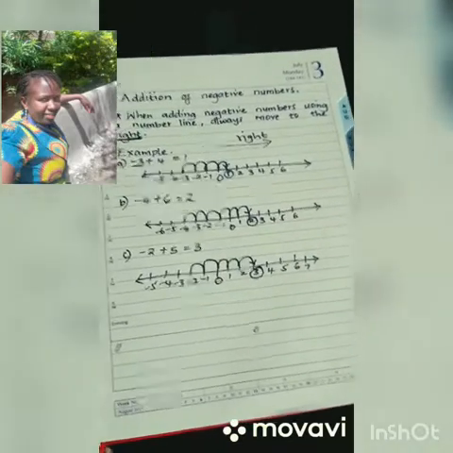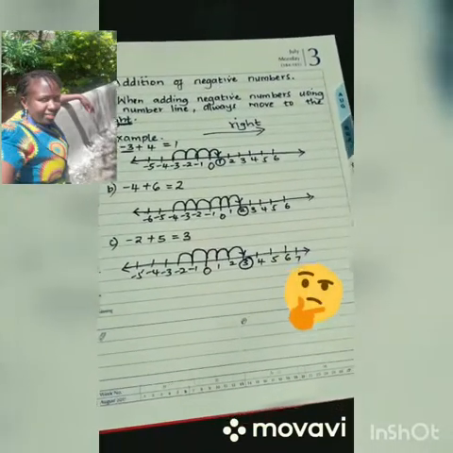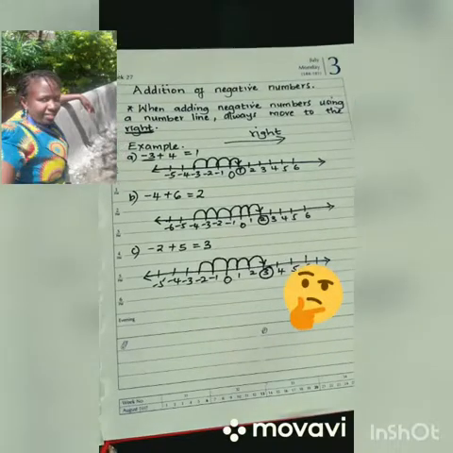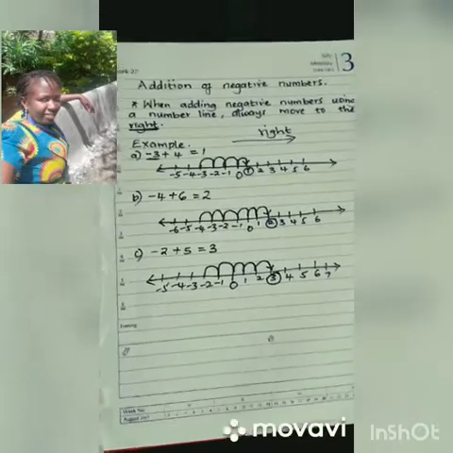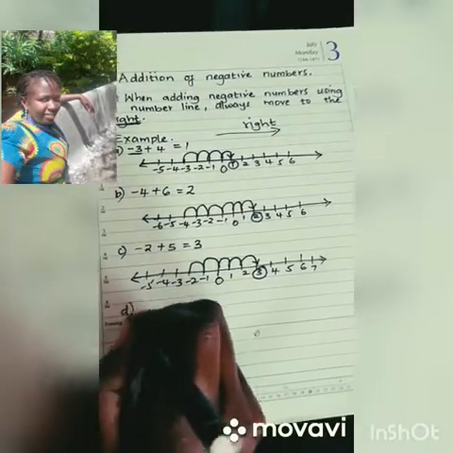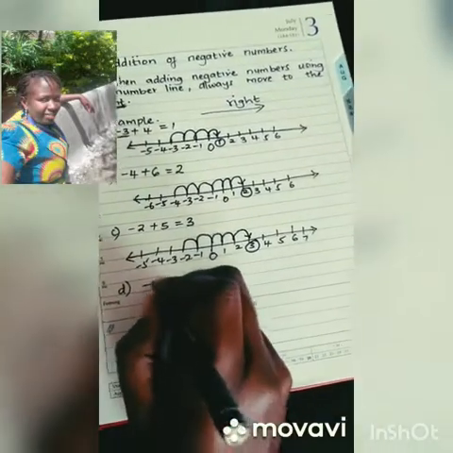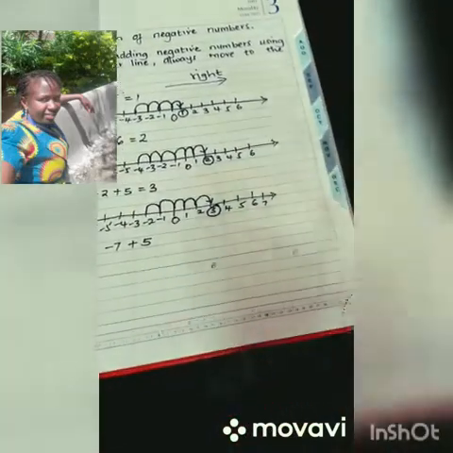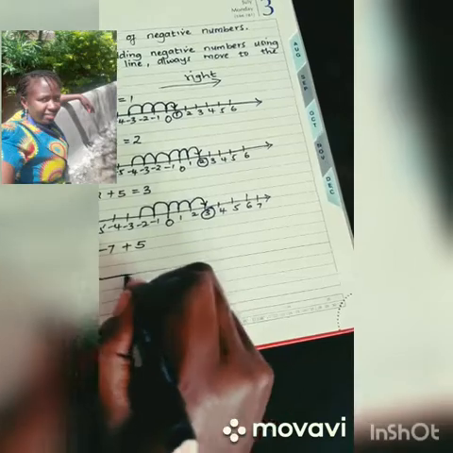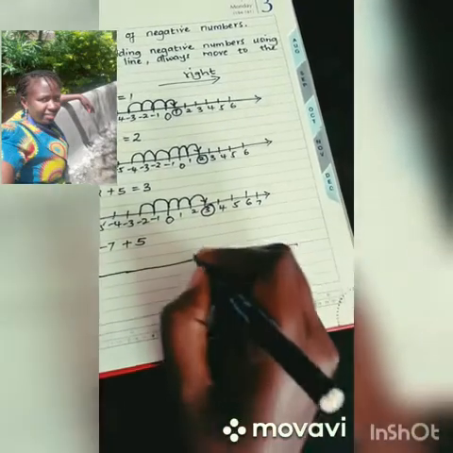Now, I know some may be asking, can you get a negative number? Okay, a negative answer. Yes, you can. For example, you can have -7 plus 5. This is your number line.